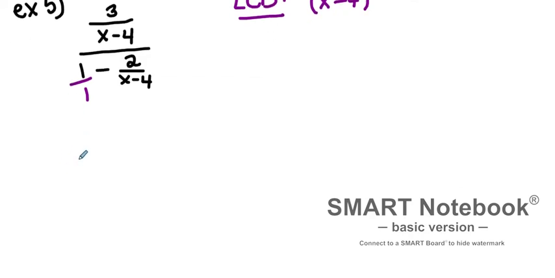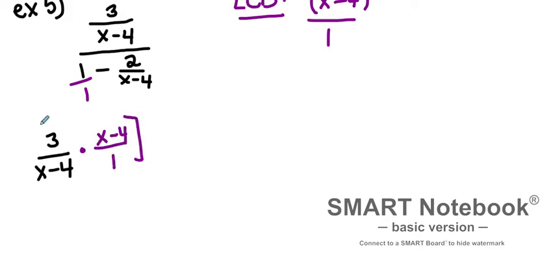Now this is going to look a little bit more complicated, so let's write it out. So 3 over x minus 4, and let me multiply by x minus 4 over 1. Okay, so that's the top.